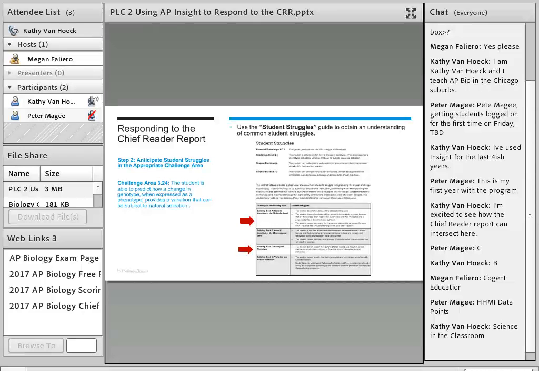I know that I've used AP Insight for a few years now, and this is something I have to be better with. I really enjoy this, this is really cool. So when you say you need to be better at it, do you mean knowing what the students' struggles are, or your students knowing what their struggles are?